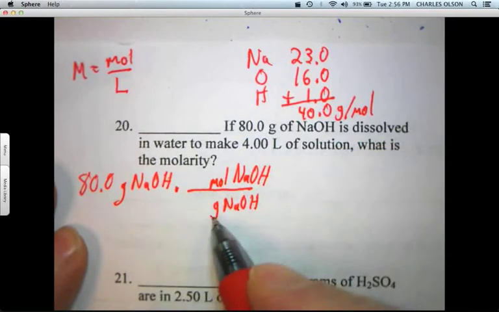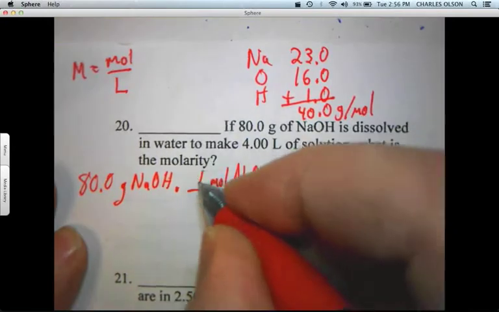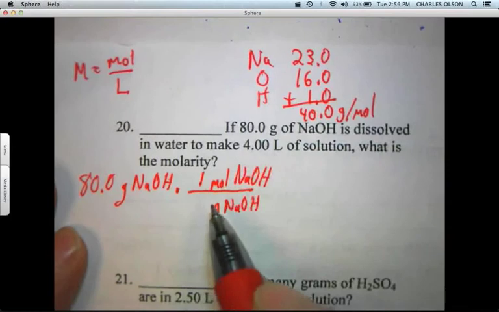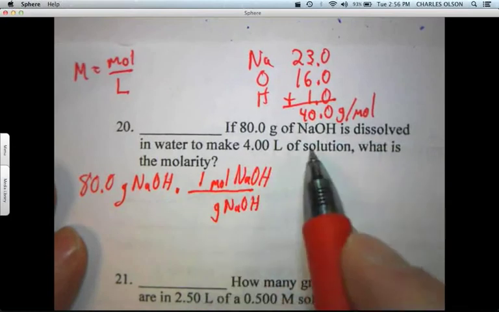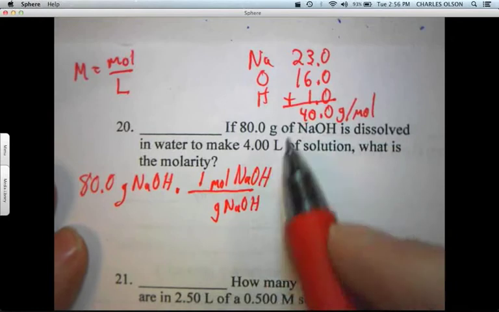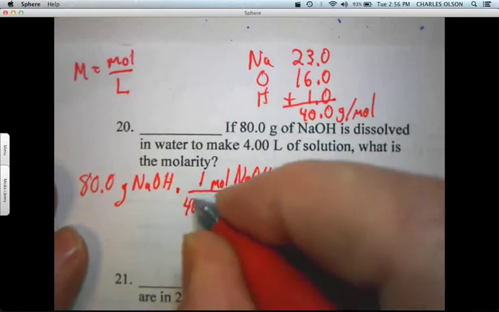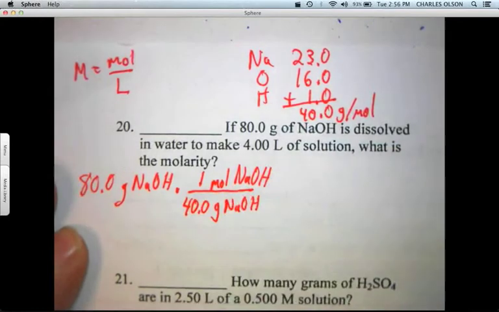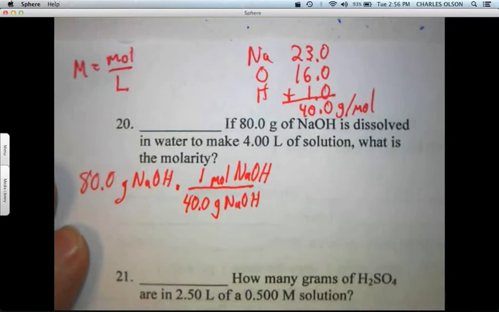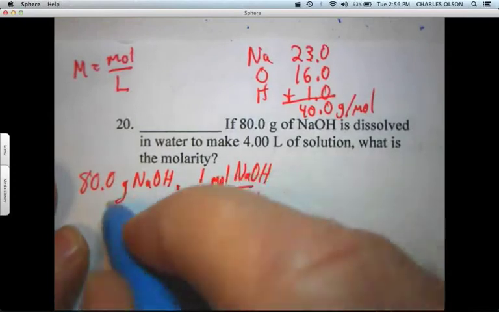Out of grams into moles, we always put a 1 in front of mole. So let's see, how many grams per mole? Well, we just figured out it's 40.0 grams per mole. And I love to show cancellations in a different color.